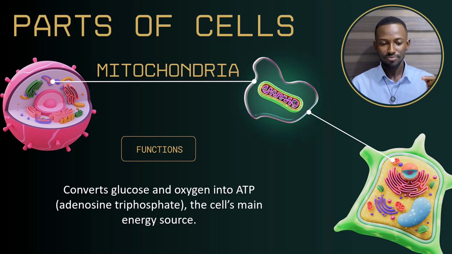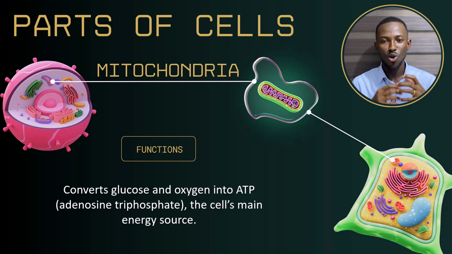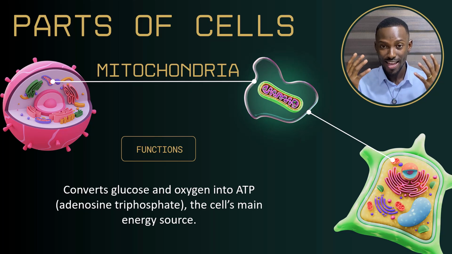And then it converts glucose and oxygen into adenosine triphosphate, the cell's main energy source. So the first and second functions are quite connected. The result of this respiration is to produce what? Energy. If you remember the definition of respiration, the main end goal of respiration is to give us energy.